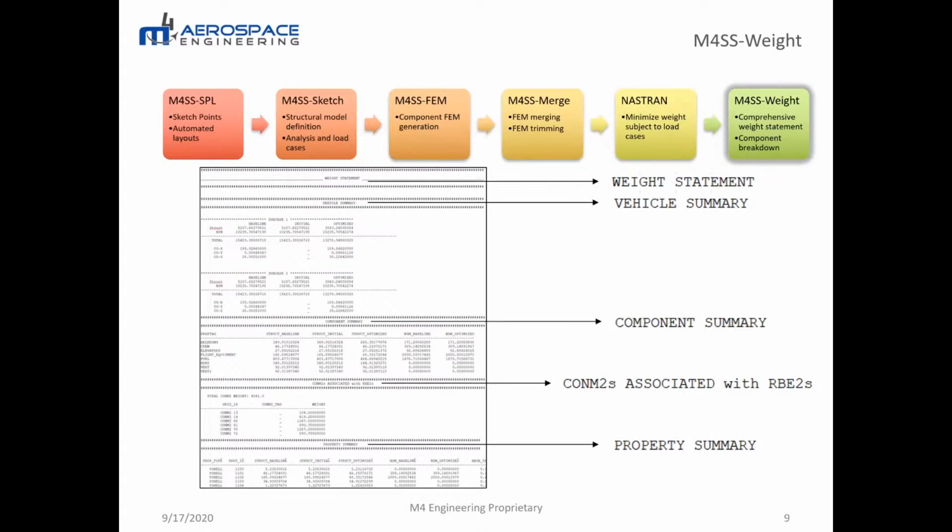And also we give a property summary. So when you construct all your properties for your vehicle, you can see what each property weighs, its thickness, what you had as a baseline, and what the optimized thickness was, to give you very quick, informative feedback on whether or not your optimization went well and makes sense. And so that is essentially the workflow. We have those six steps that finish at weight.